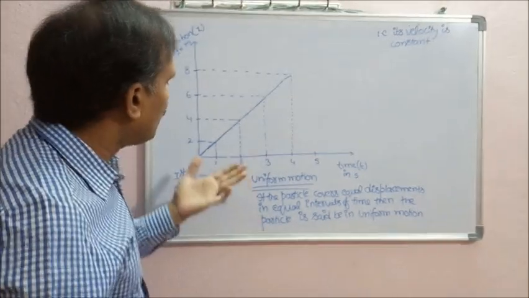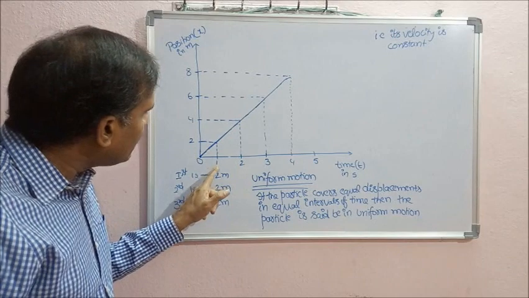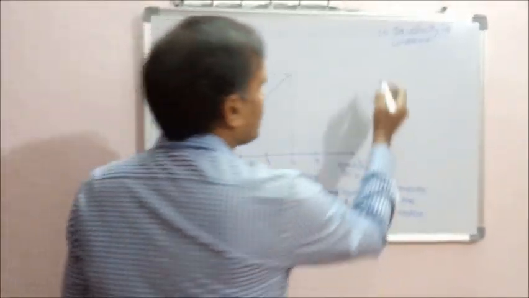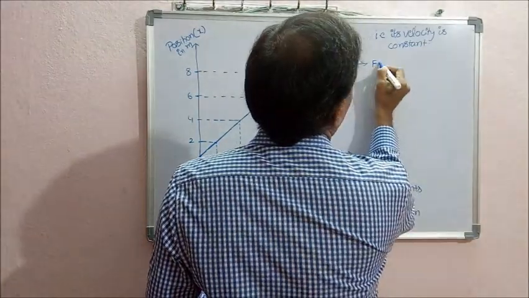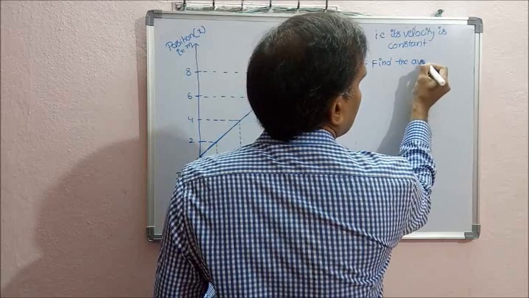Now, you can find out the average velocity during the time interval t is equal to 1 second to t is equal to 3 seconds.